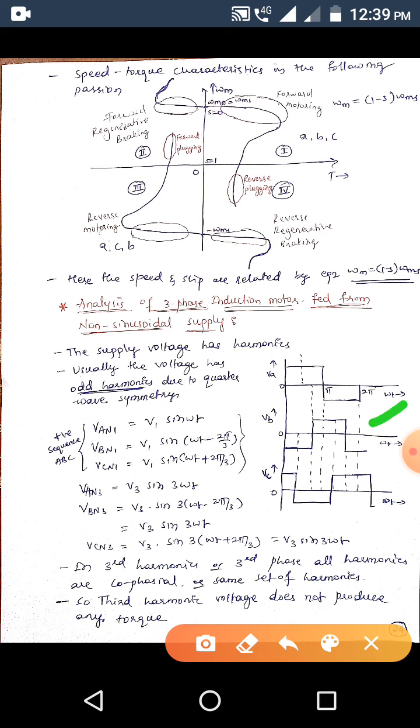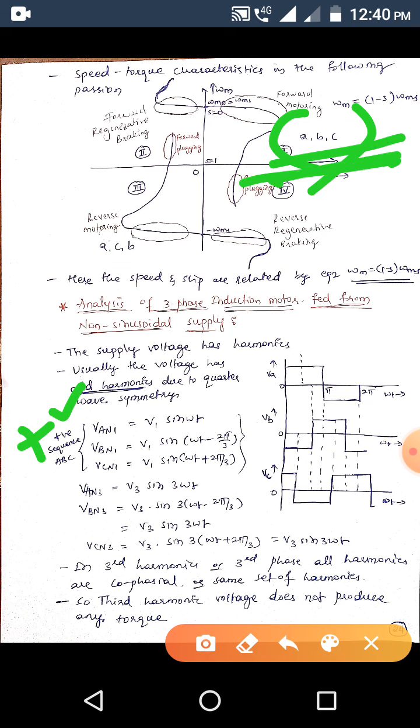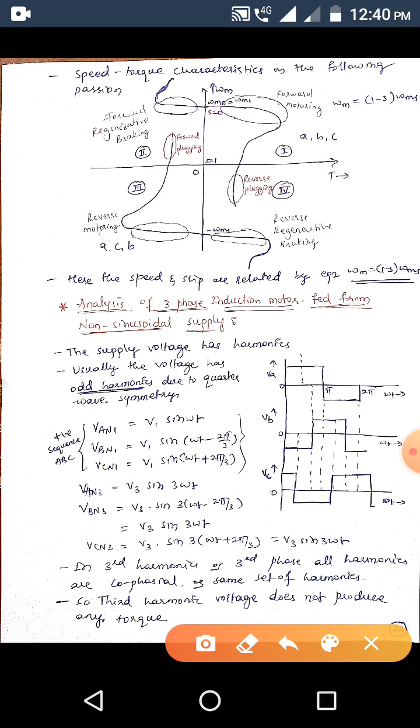Similarly Vcn1 will be V1 sin(omega t plus 2 pi by 3), the 120 degree phase shift here. So then we have the positive sequence, this is the normal ABC sequence.